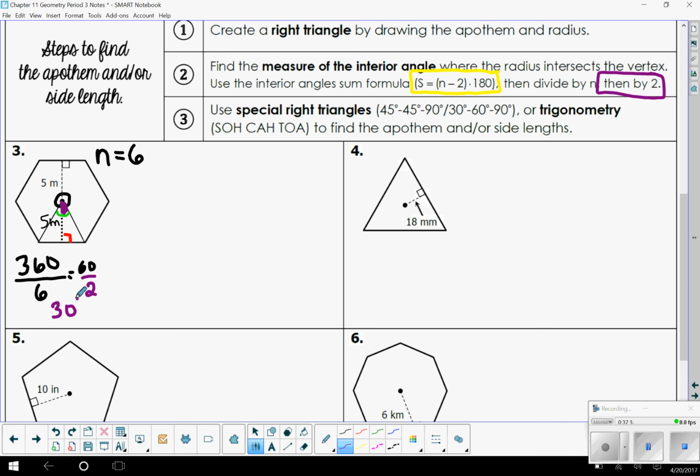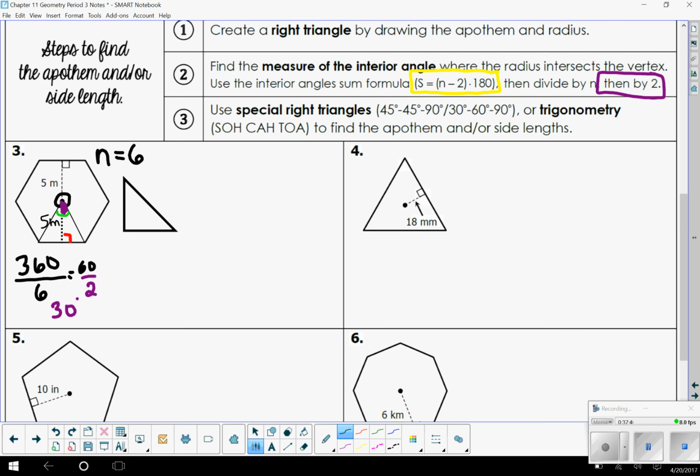Okay. For the next step, I highly suggest pulling the triangle out. It makes life so much easier. You don't have to make it large. You just pull out the triangle because it's so difficult to see inside this figure.